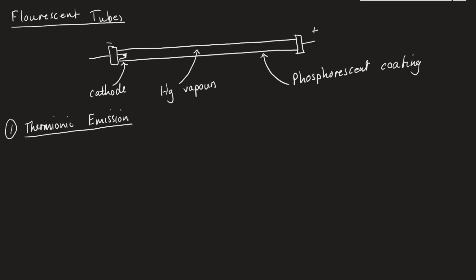The same thing is going to happen in thermionic emission. This cathode essentially acts as an electron gun. And what happens is we put a very high potential difference across it, which means that we've got loads of electrons colliding inside the filament.